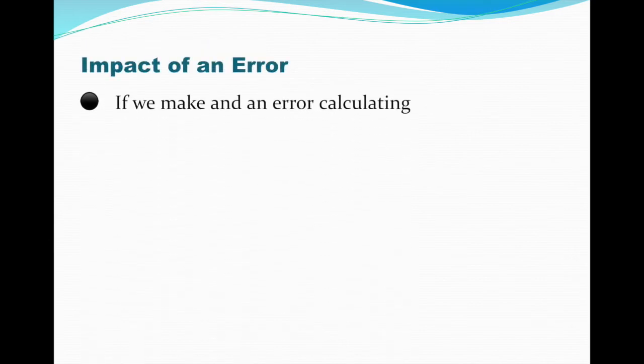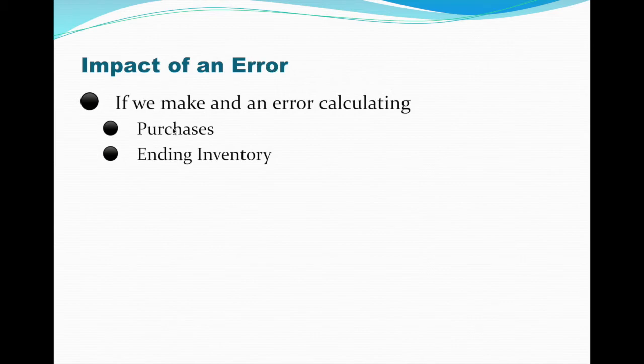Now, the impact of an error can be compounding in a sense, not in so much that it doubles over time, but that an error made in one period can impact another. So we'll get to that in a moment, but a source of error can come from many different parts.